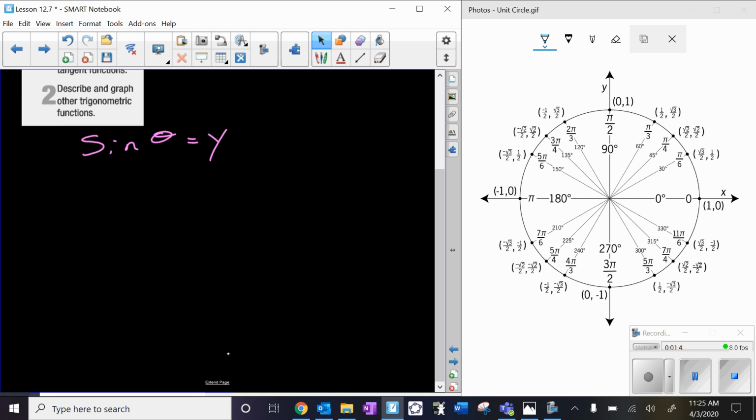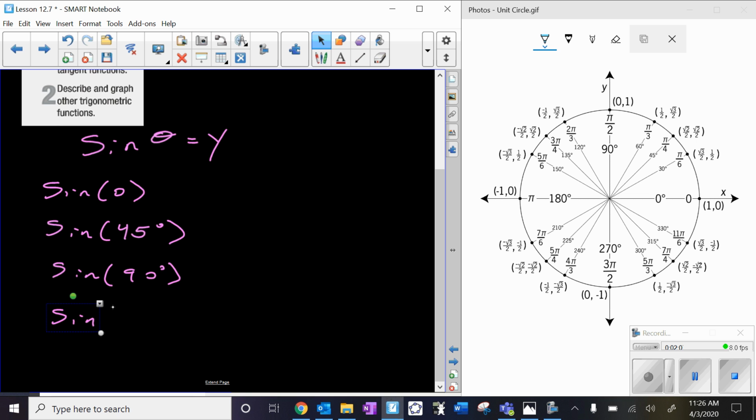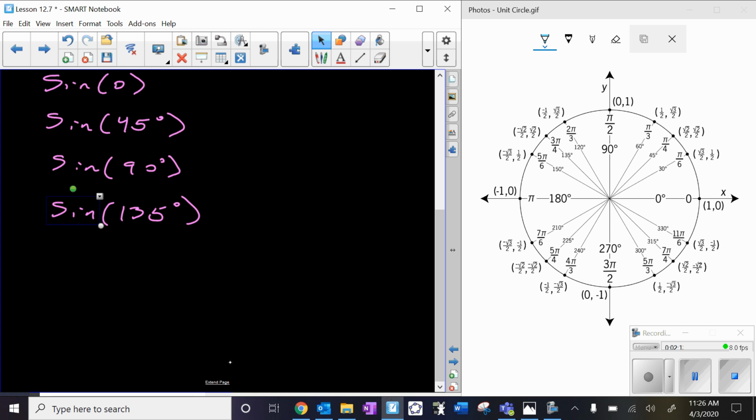What I really want to focus on is: what is sine of 0 degrees, sine of 45 degrees, sine of 90 degrees? You can start to see the pattern. I want sine of 135 degrees. I'm going to keep scrolling down.